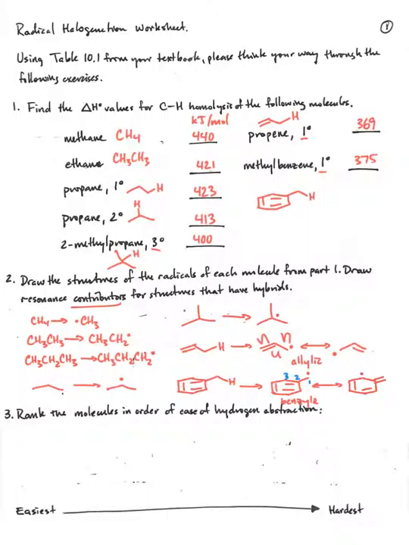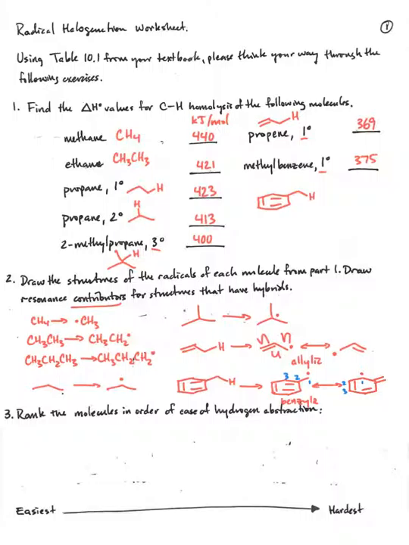So this will also have 2 more resonance forms where you can move that radical again from this 1 position to the 3 position. And then there'll be another resonance contributor where you're moving it from 1 to 2 to 3.